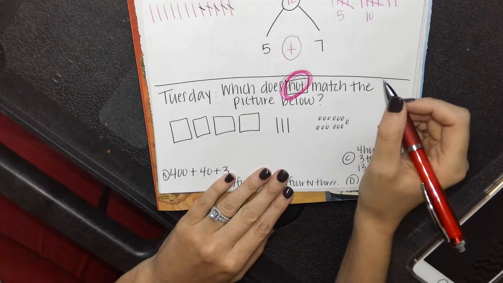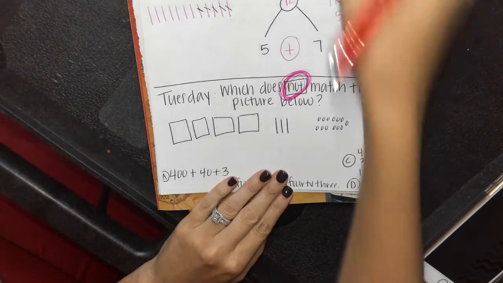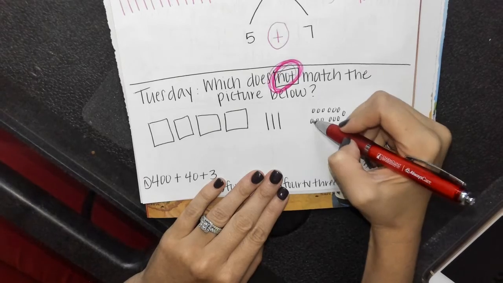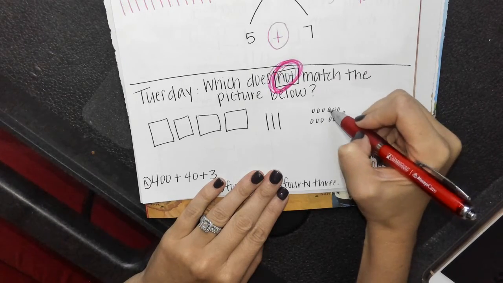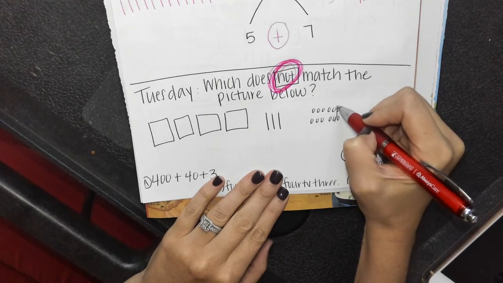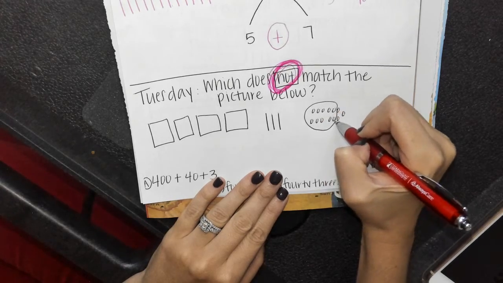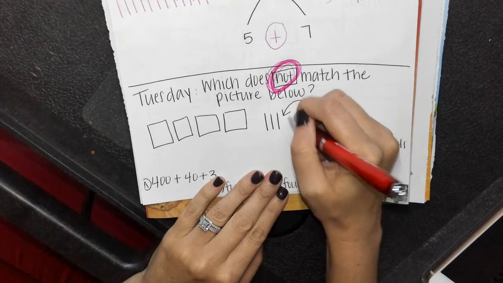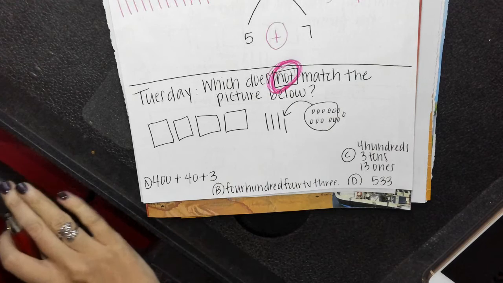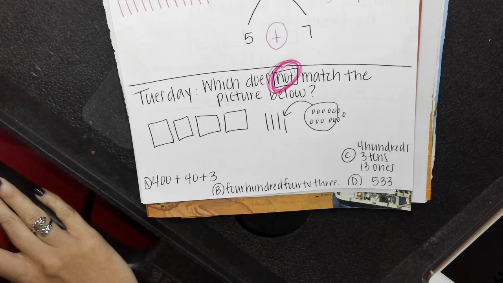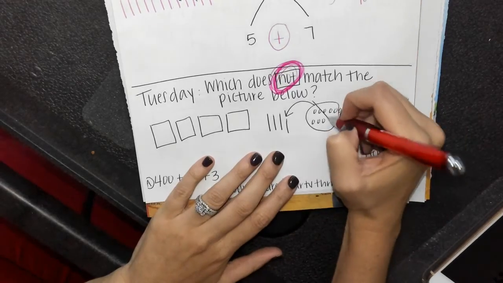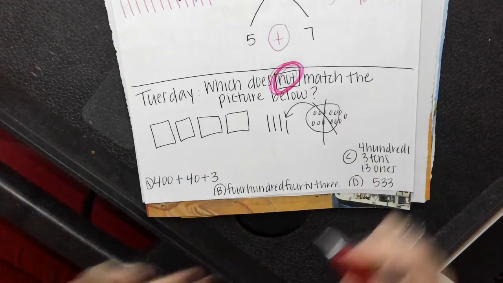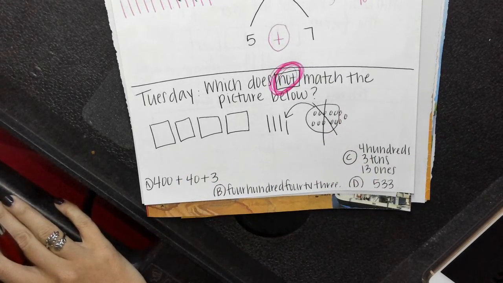So I would circle how many 10s? 10. 1, 2, 3, 4, 5, 6, 7, 8, 9, 10. So those ones could be moved over here and give me another 10. Right? And then I would mark those out, and so then we would only have 3 tens left, 3 ones.